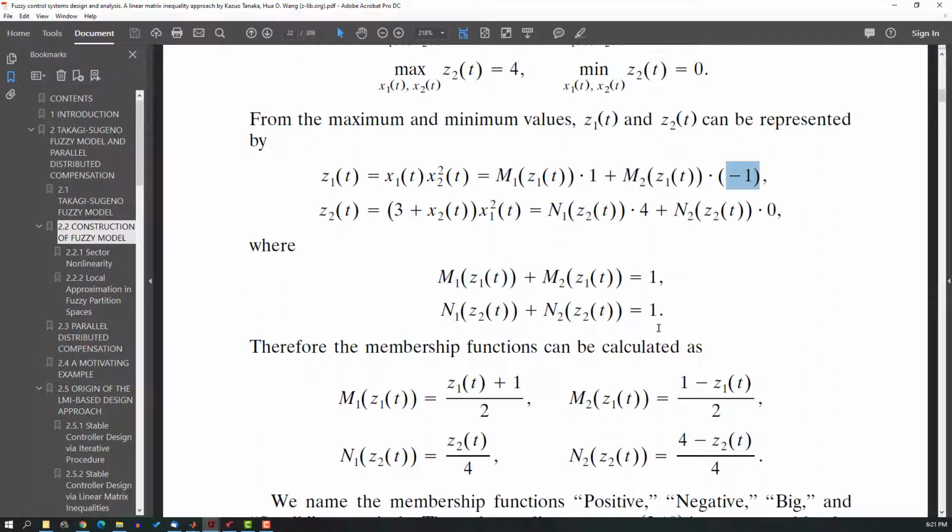So here is the way to convert it, from the real value of S. It's actually a function of state. The two functions will be functions of states because the nonlinear sector will be a function of state.